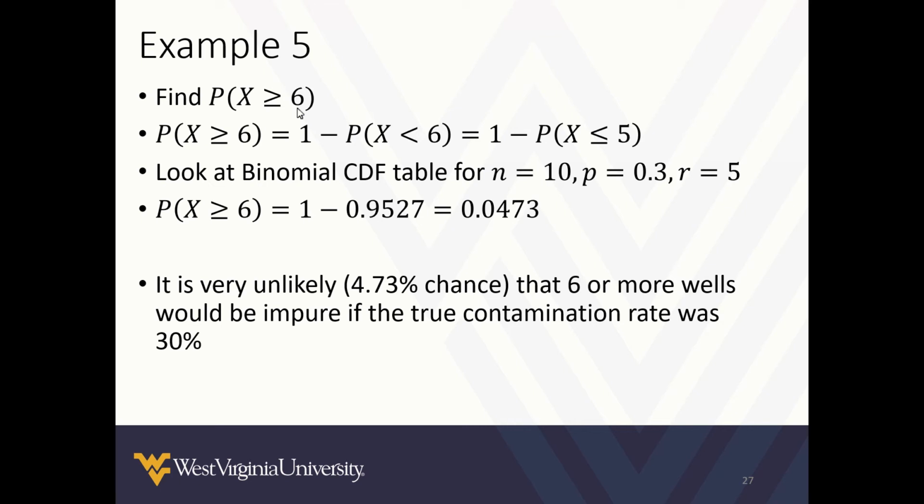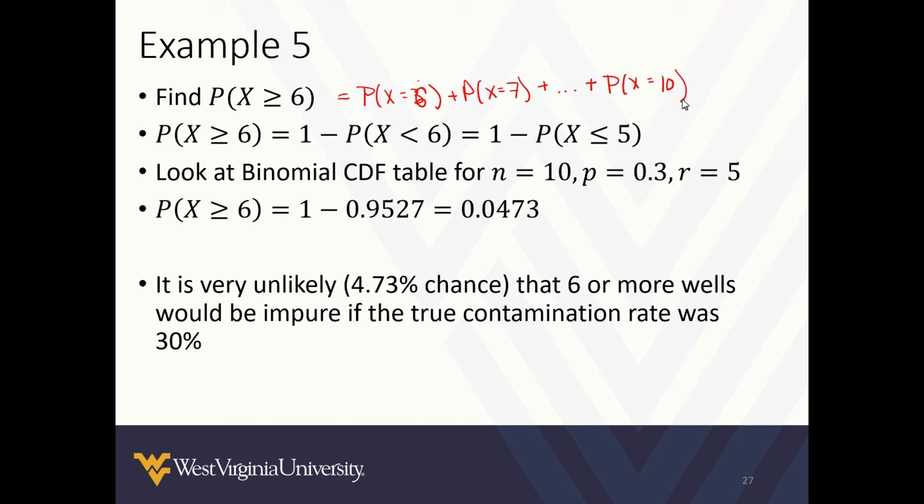You can find this directly by finding the probability of X equals 6 plus the probability of X equals 7 plus the probability of X equals 8 plus the probability of X equals 9, all the way to the probability of X equals 10.